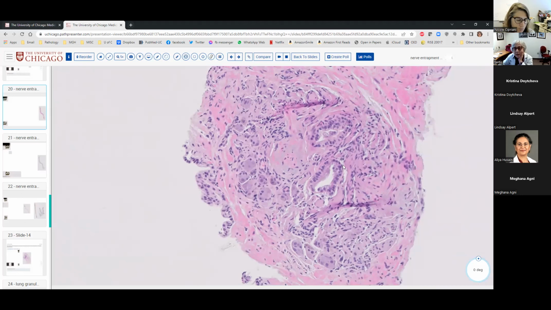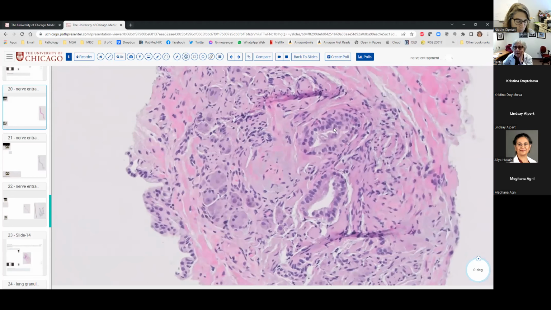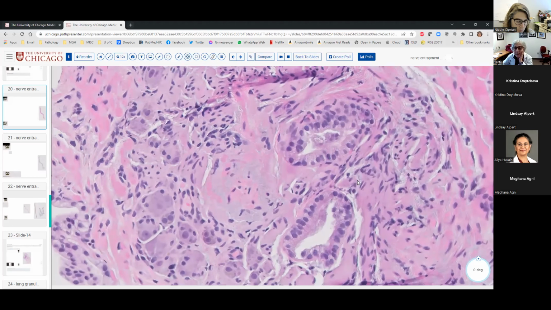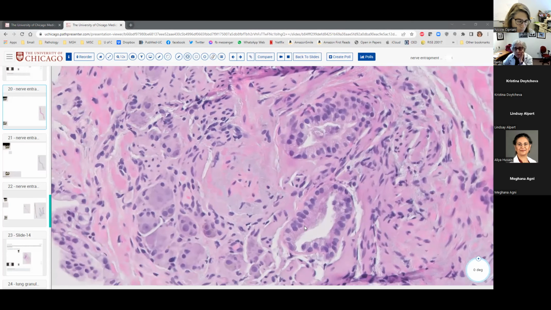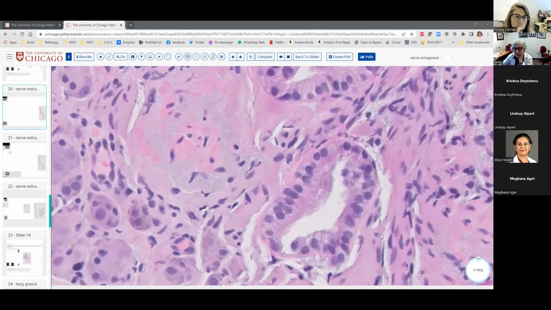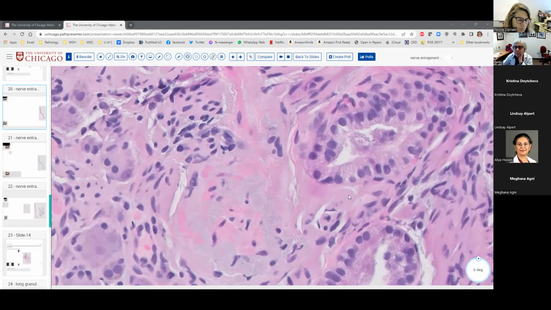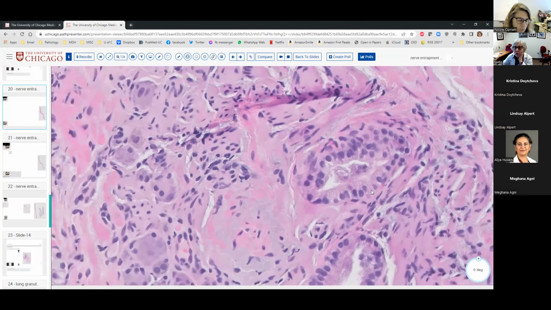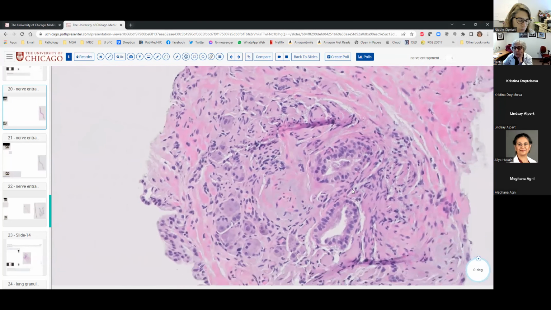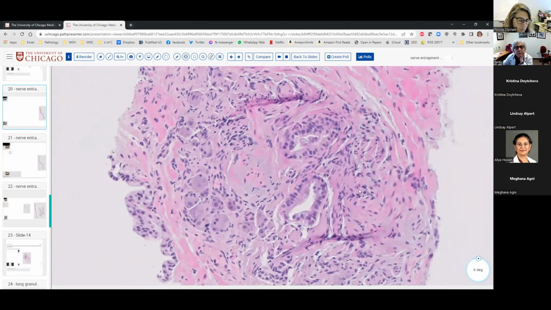In addition to that, we have obviously glands. There are two glands. However, when we look at the glands, they appear normal. They have multiple layers, and the nuclei are relatively small, maybe a hint of a little bit of nucleoli, but cytomorphologically they look quite bland.